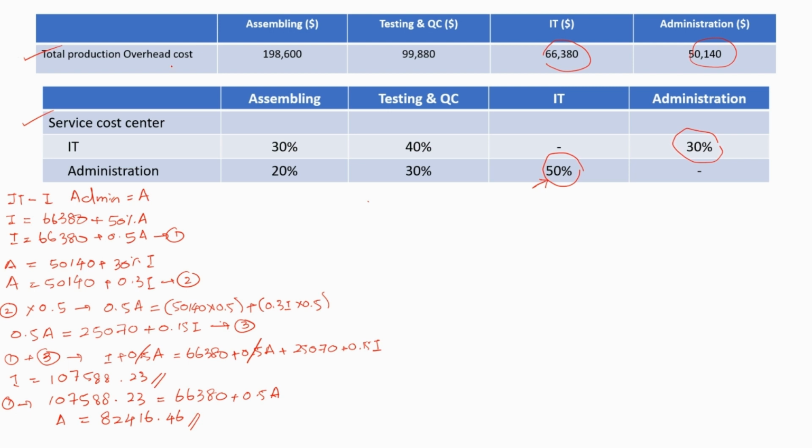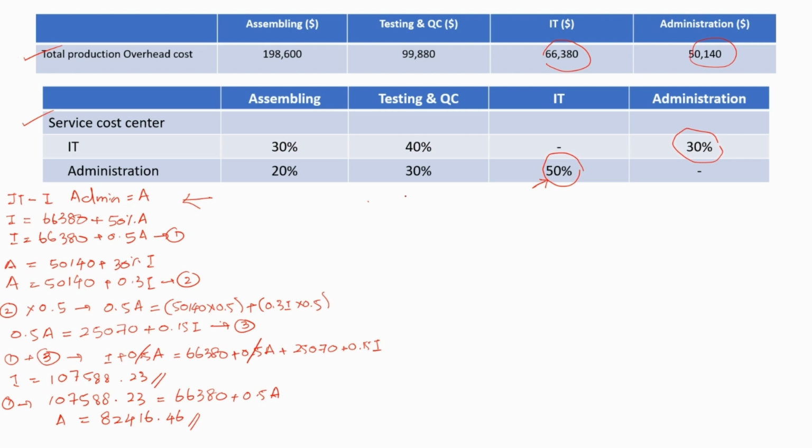If there are more service cost centers, we have to repeat the same process in order to find the total production overhead cost for each service cost center after the reapportionment. Now what we have to do is find the total production overhead cost for the production cost centers after the reapportionment. In order to do that, we need to formulate equations for production cost centers, which is the same as this.